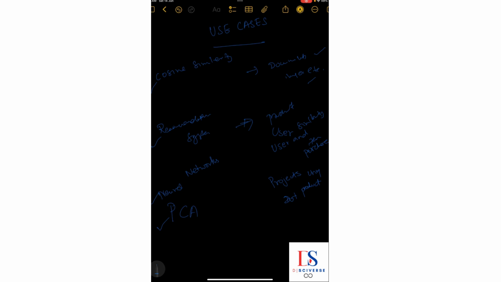Using the dot product, you project the data onto the components, and it's finally used in reducing the dimension. And the fifth use case is NLP. You basically see how similar two vectors are, in what way, and how much the angle between them is. All of these are done using the dot product.